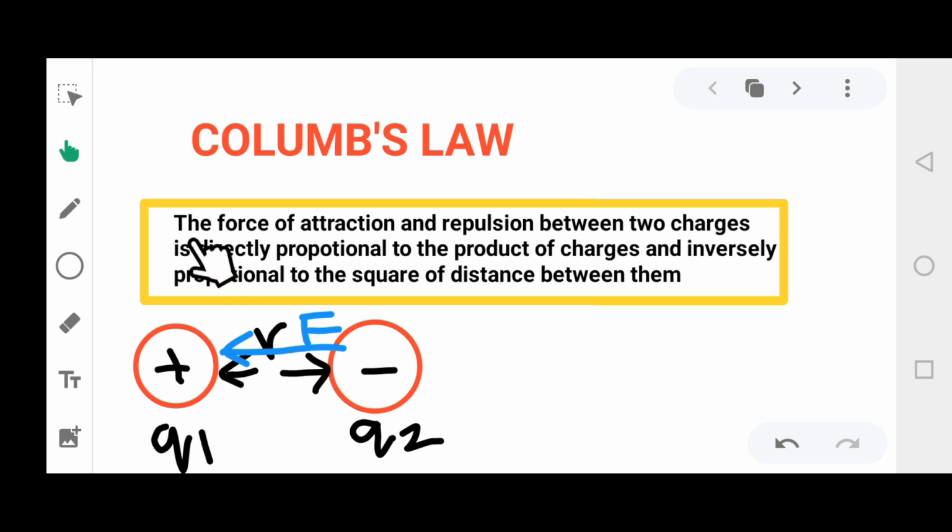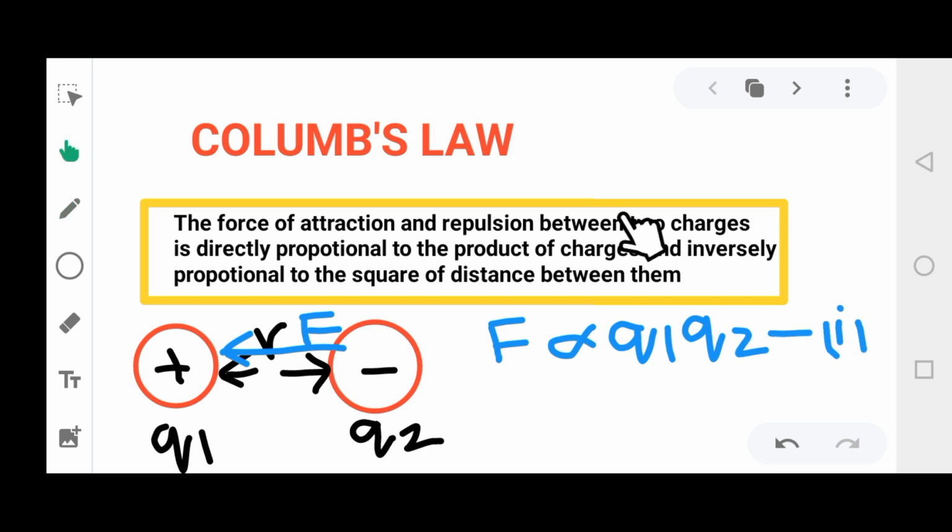According to Coulomb's law, the force of attraction is directly proportional to the product of charges. So we can write it as the force of attraction between two charges is directly proportional to the product of charges, and it is my equation number one. The second part of this law says that this force is inversely proportional to what?